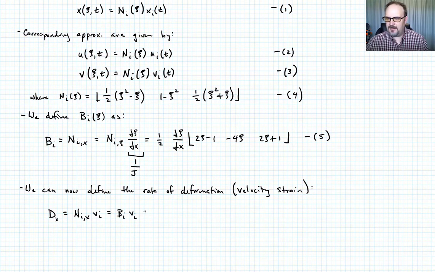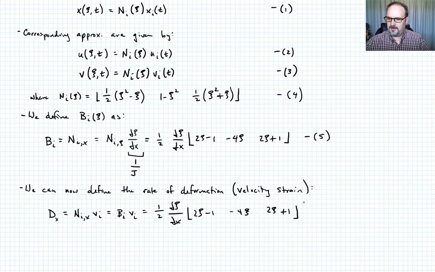So now I can use equation 5 in here and write that as 1/2 del c del x times 2c minus 1, minus 4c, and then 2c plus 1. Now times our vector term, which looks like v1, v2, v3. Let's call that equation 6.